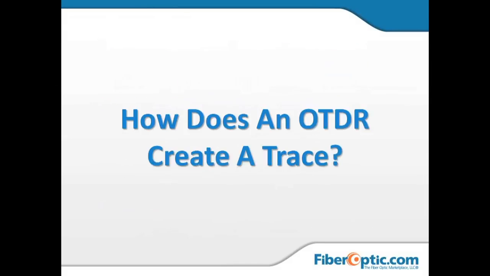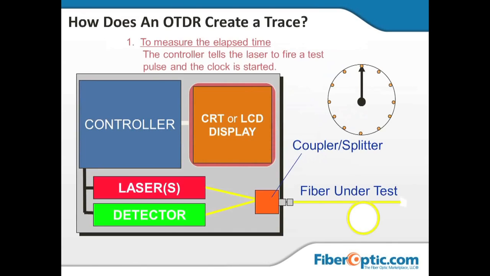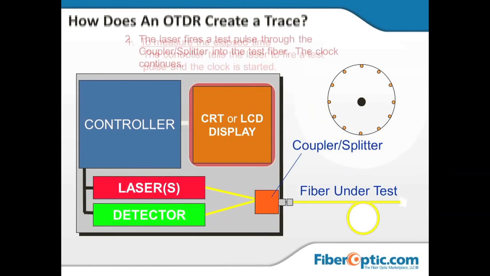So how does the OTDR create a trace? All right, basically a controller is going to send a signal down to the laser, and it's going to start a clock. Now you'll notice the clock and the pulse that you'll see animated here in a moment are running concurrently. So the laser is going to fire a pulse, and it is going to go down the fiber under test.